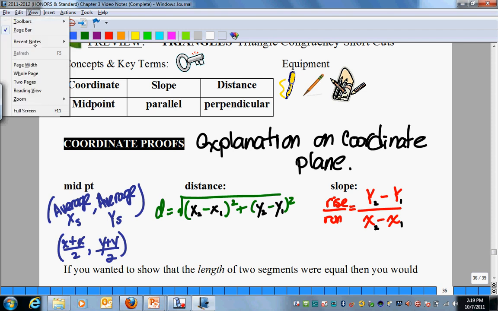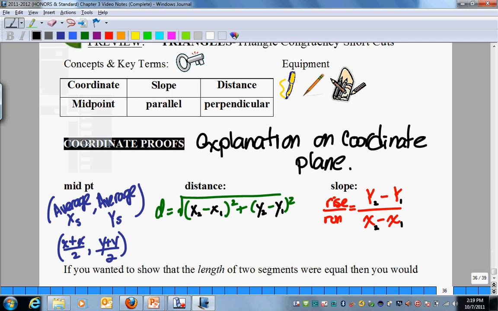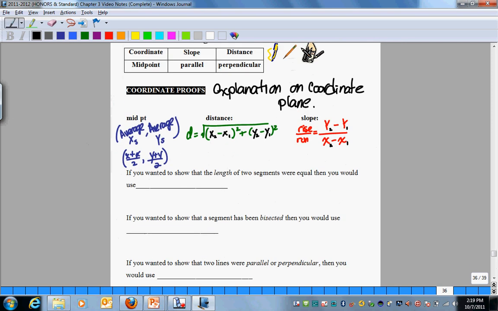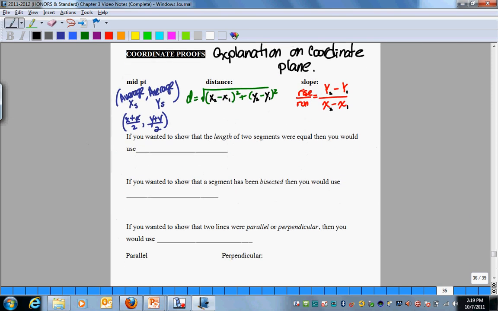Now, what is the significance of these three equations on the coordinate plane? So I want you to actually think these through. I'm going to pause in the video. I want you to try to fill out these blanks. So it says here that if you wanted to show the length of two segments were equal, would you use midpoint, slope, or distance?